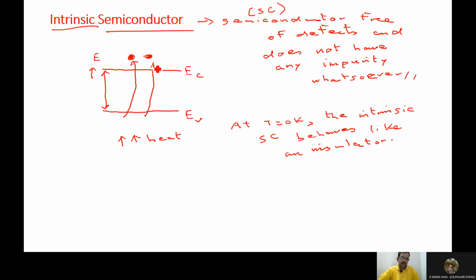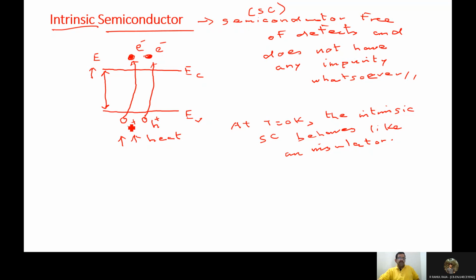Of course, it depends on the energy. It's a statistical process. So for every electron that hops, there is a vacant state created. This vacancy I denote like this: hole, positive. Because of the absence, there is a positive charge.